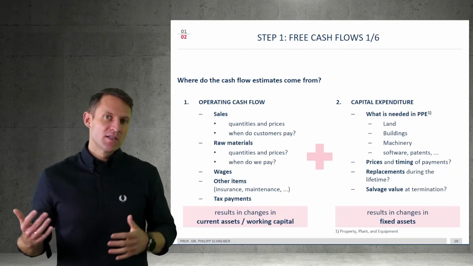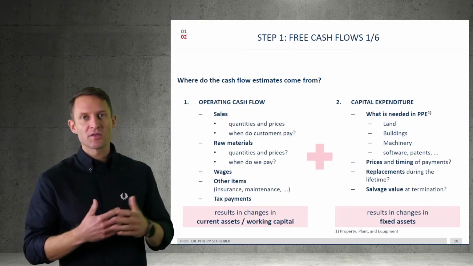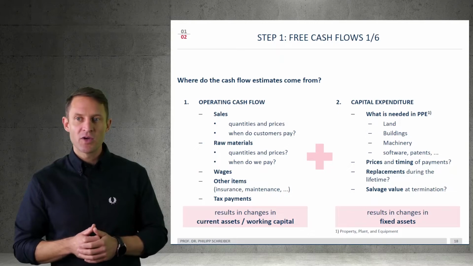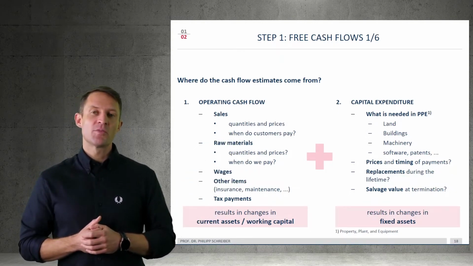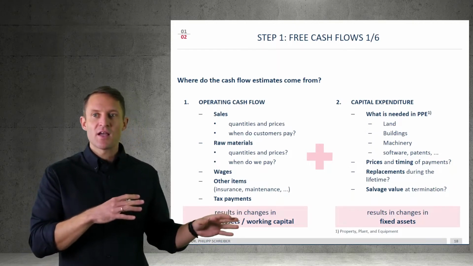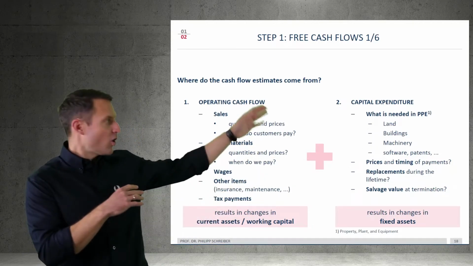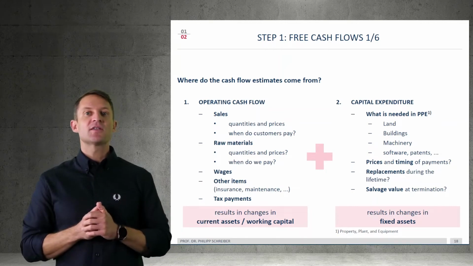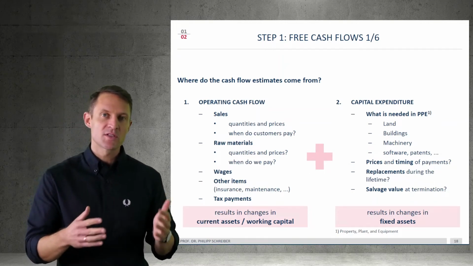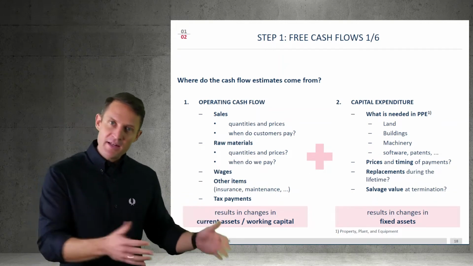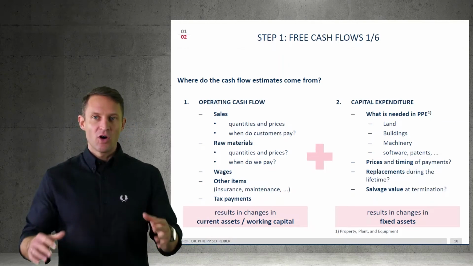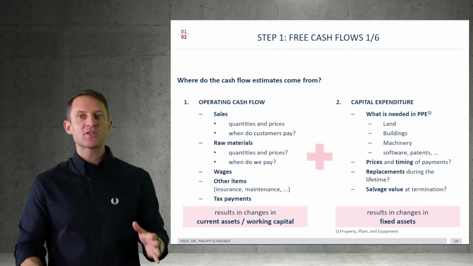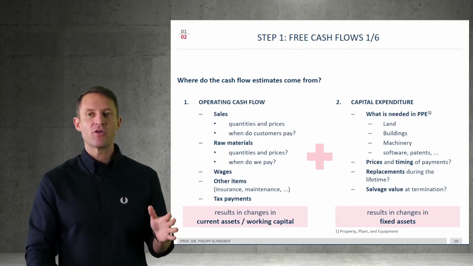And maybe some old machines also have been sold, and you have some liquidation or salvage value at termination, and you have to include this in the cash flow. But again, good news, all the changes here result in changes in the fixed assets. In German, you would say Anlagevermögen. And again, this is something we can check in the balance sheet. All right, so this is basically where cash flow estimates come from.